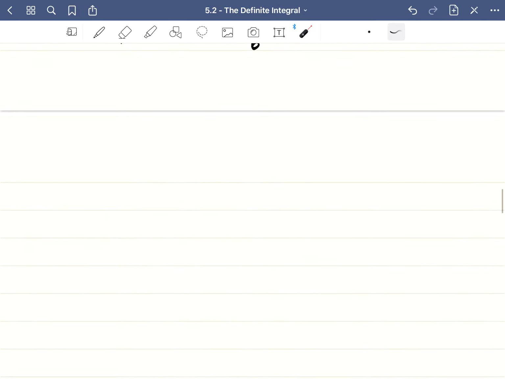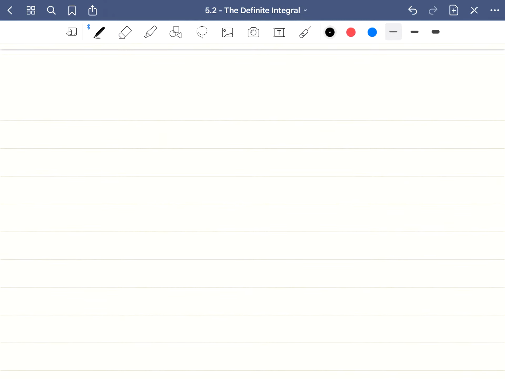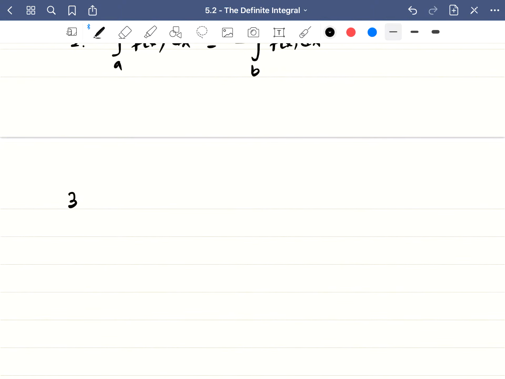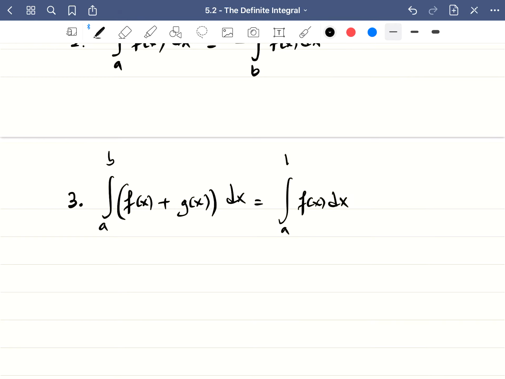Okay, so the third property says that if you integrate the sum of two functions, so f of x plus g of x dx, this is the same as the sum of the integrals of f and g. And the same is true also if you subtract the functions.